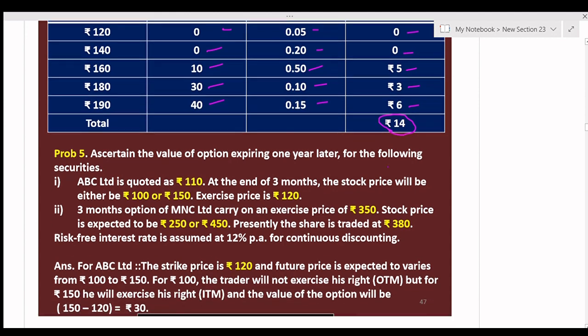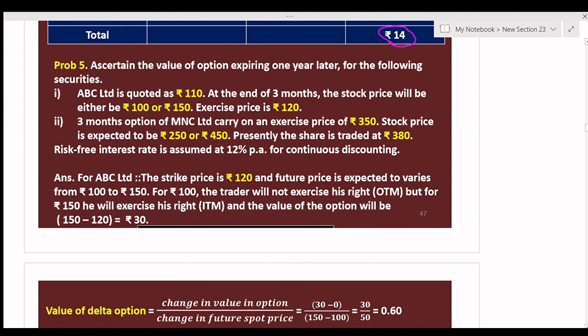Next, ascertain the value of option expiring 1 year later for the following securities. ABC is quoted at rupees 110 at the end of 3 months. The stock price will be either rupees 100 or 150.